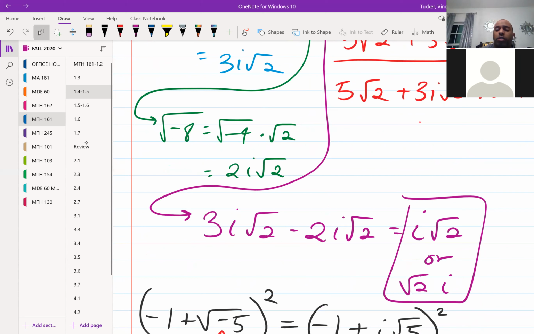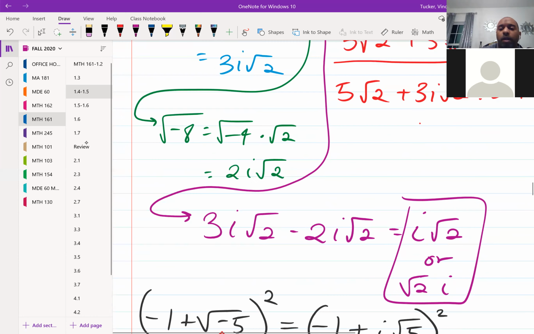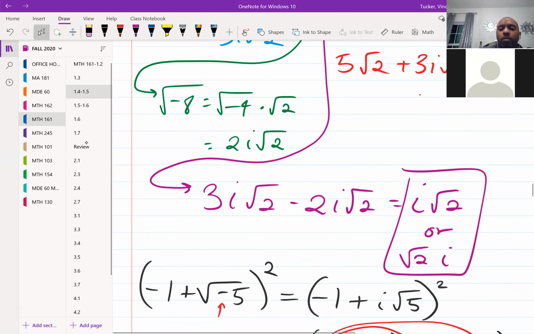Once again, just make sure you don't extend that radical over i. It will be marked wrong. I think this is the last one. Oh, we got 2. Okay. Everybody holding on to that before I scroll up.